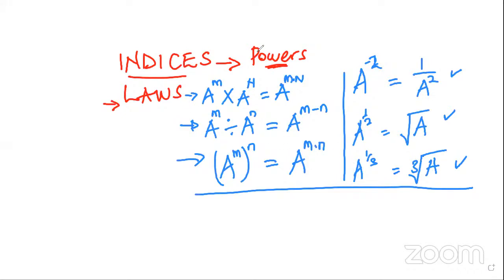When we talk about indices, we are talking about powers, or another term, exponents. All these words mean the same thing. The singular form is index. Wherever you see index, we are still talking about powers.